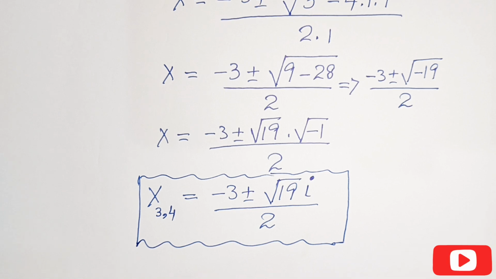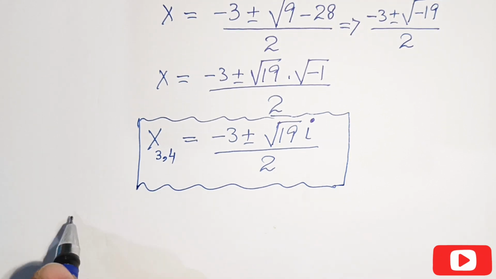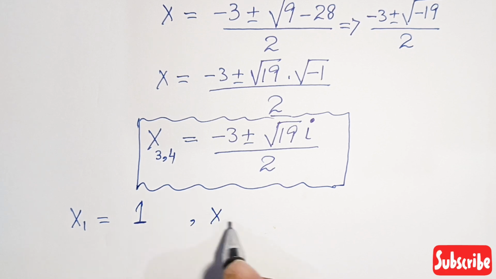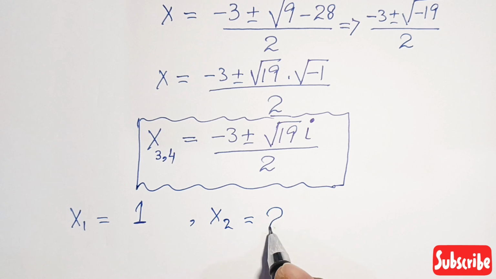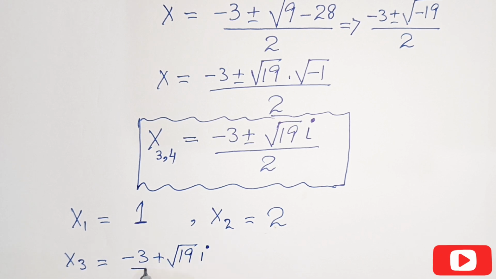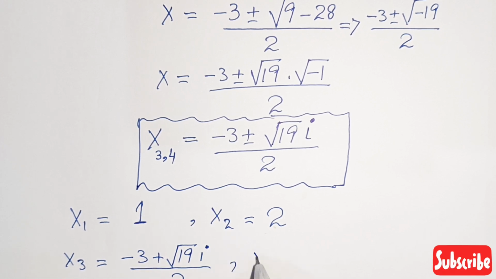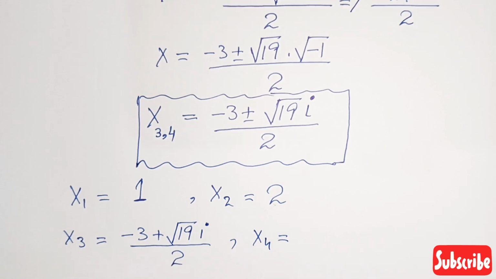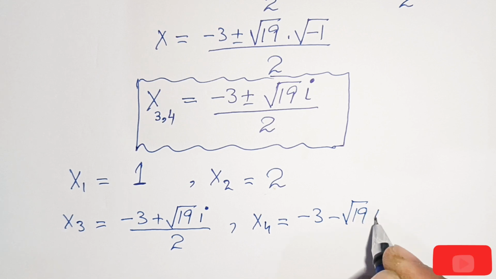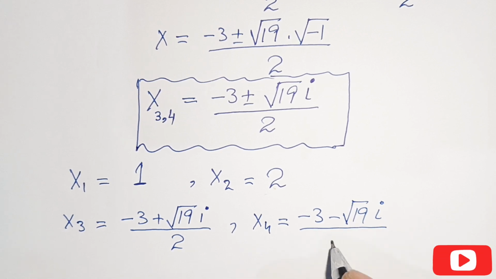We have four possible solutions. So first one is x1 is equal to 1, and here x2 is equal to 2. Similarly, x3 is equal to minus 3 plus square root of 19 i over 2, and here we have x4, which is equal to minus 3 minus square root of 19 i over 2.